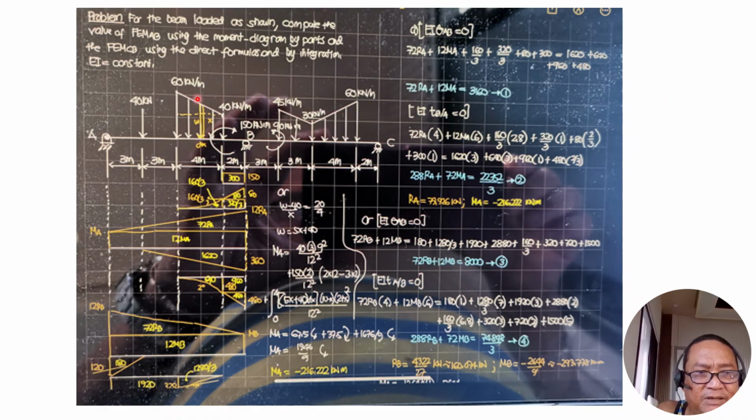So for the rectangular, 60 times 4 times 2, that's 480, and second degree curve. Then 60 times 4, that's 240. 240 times 2, so 480 additional here. So this is the moment diagram by parts due to the rectangular loading of 60 kilonewton per meter.